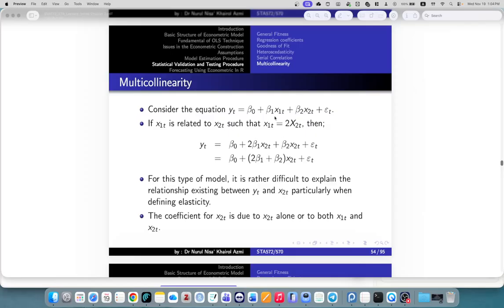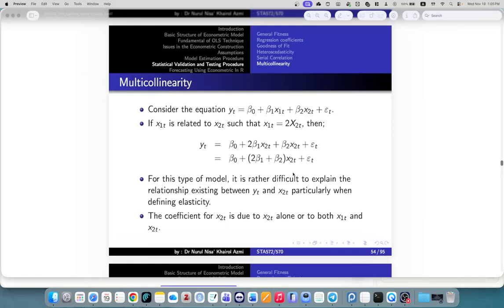Let's say x1t is twice the value of x2t. This means that when we perform a correlation test, x1t and x2t will have highly correlated values.